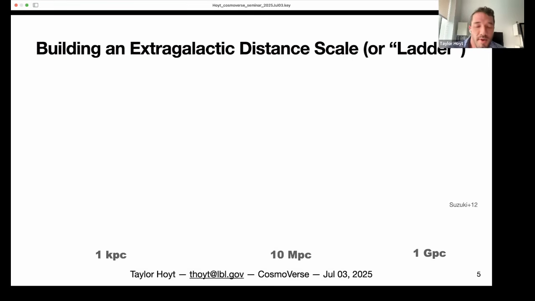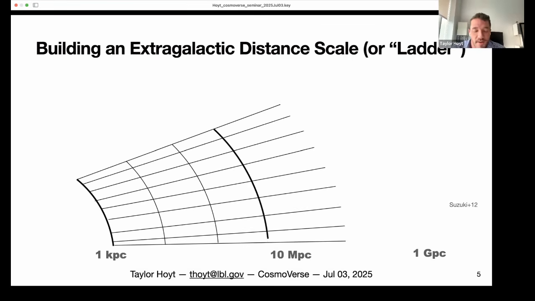So how do we do a distance ladder measurement of H0?